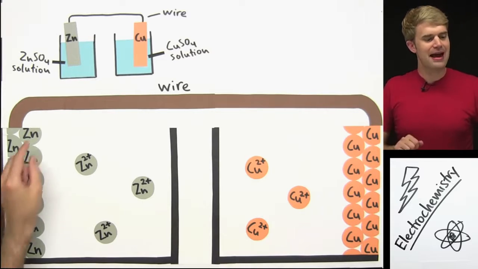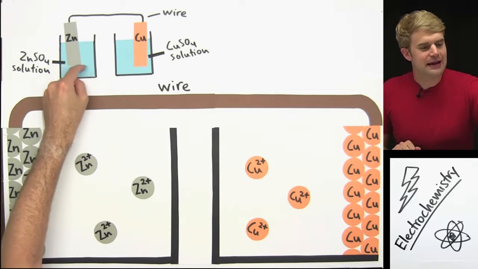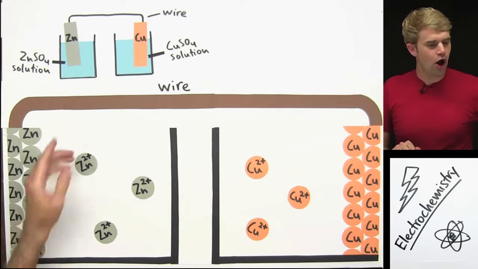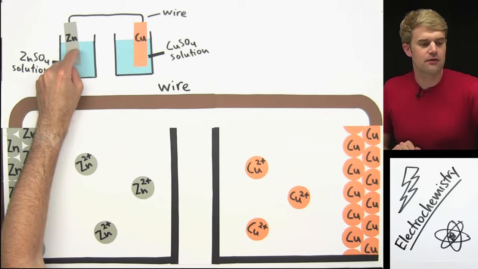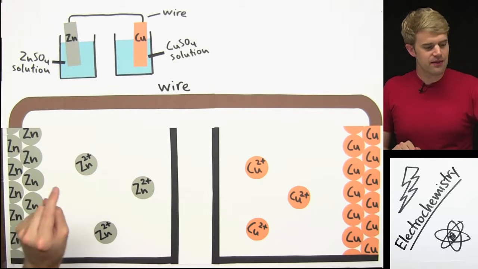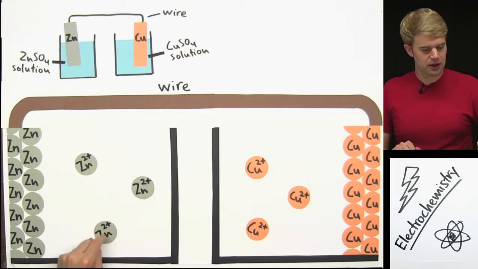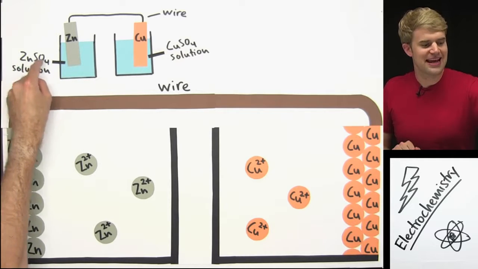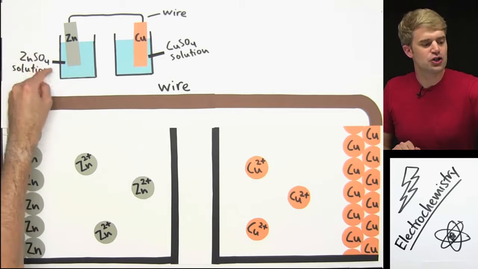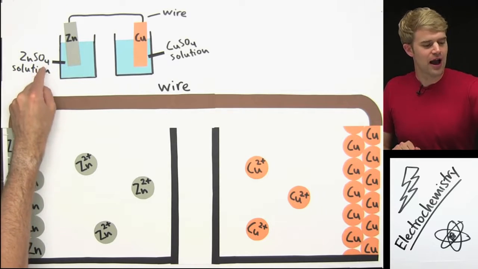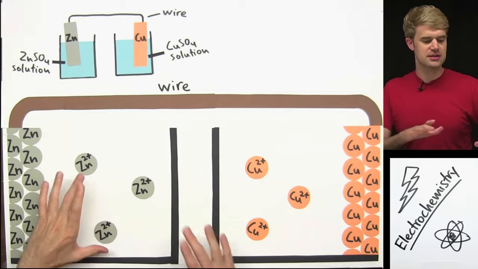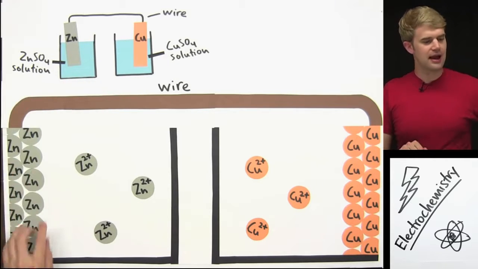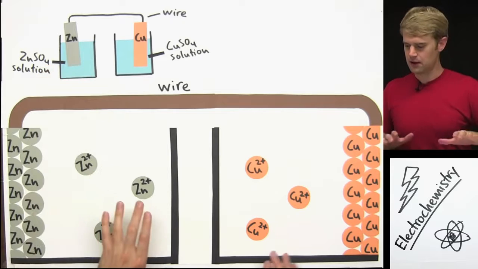This is a magnification of the area here. These zinc atoms are on the edge of the piece of zinc metal. And then these Zn2+ ions are in the solution. They're part of this ZnSO4 solution. I'm not showing the SO4 here. I just want to focus in on the zinc. So zinc ions in the solution and these zinc atoms in the piece of zinc.